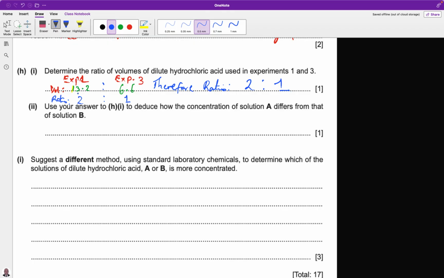We are indirectly saying that hydrochloric acid solution A required more volume. Experiment 1 required more volume to reach the endpoint. If more volume of the acid was needed to reach the endpoint, it therefore means that the acid is less concentrated.